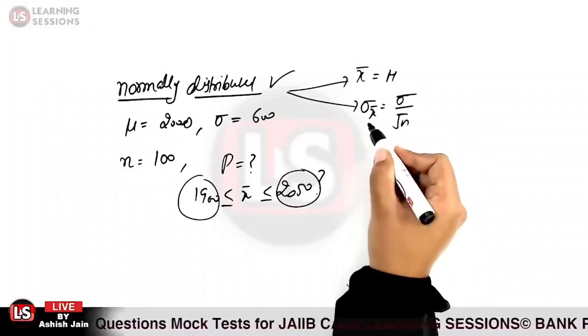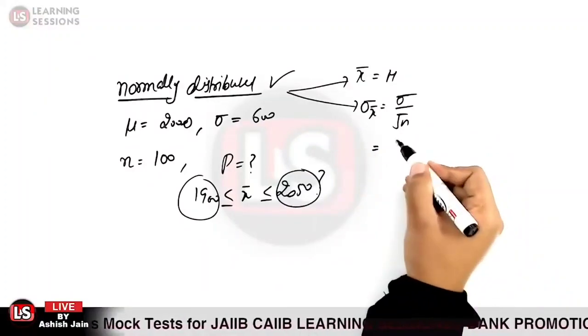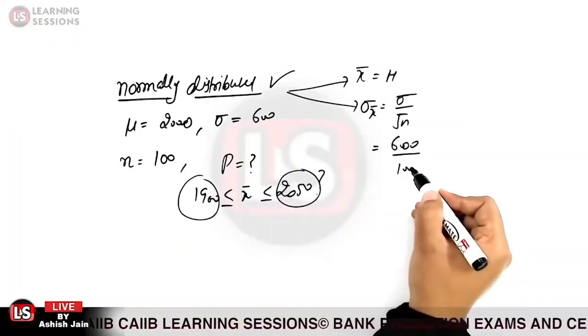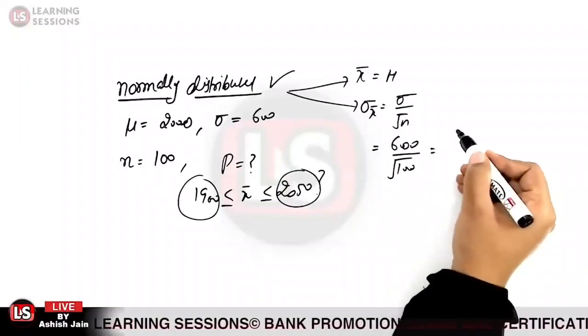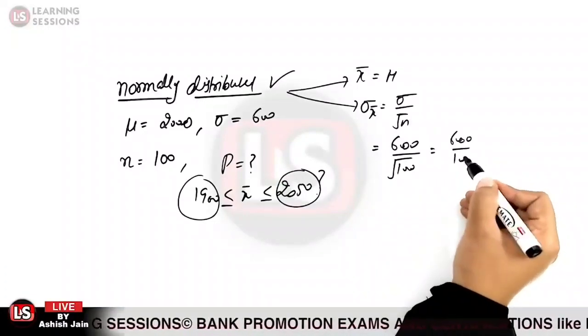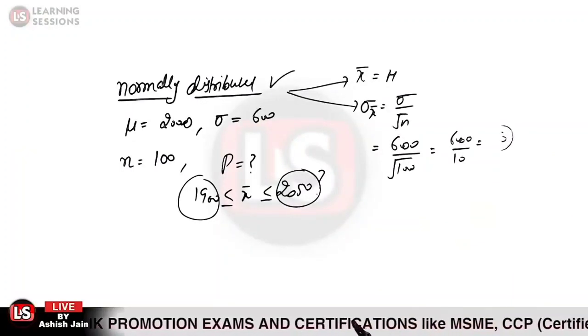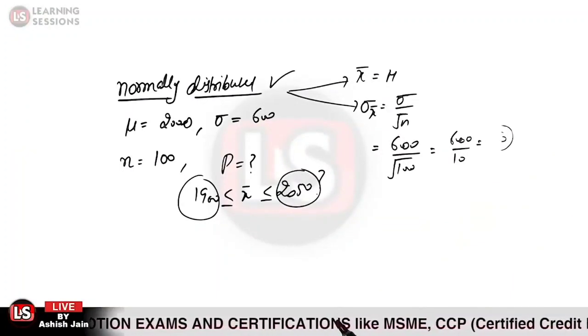Sigma is given to be 600, and the square root of 100 is 10, so 600 divided by 10 is 60. So sigma x bar comes out to be 60.